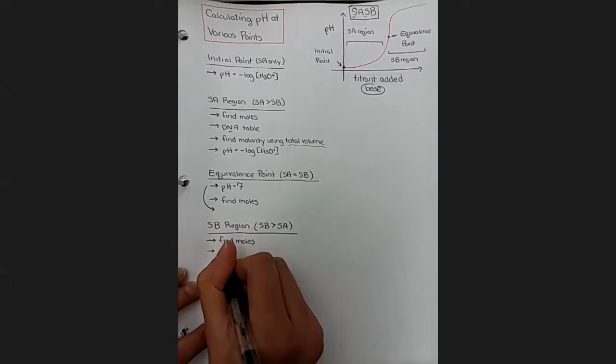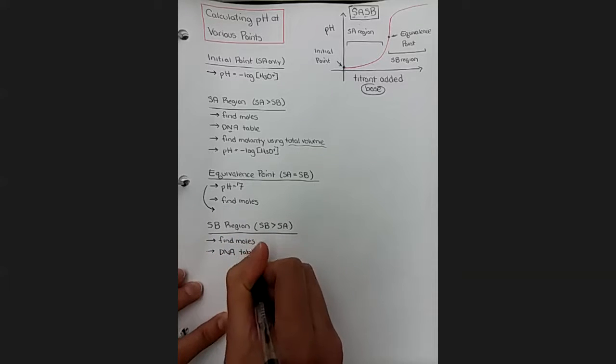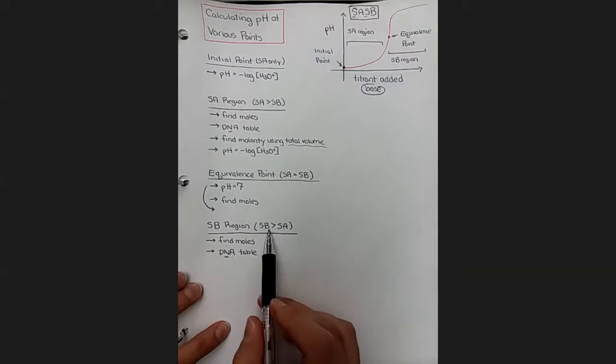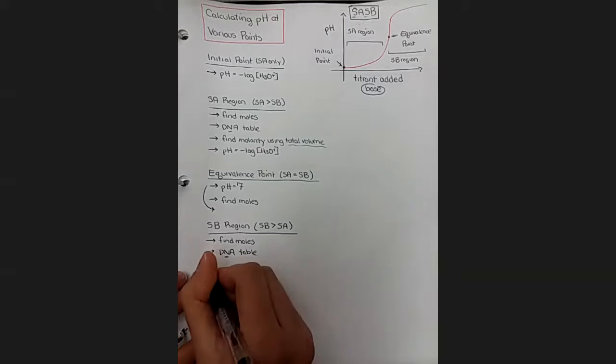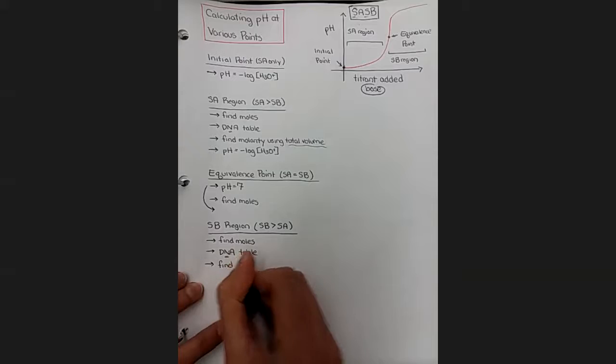Then we do our DNA table. And we identify how much of one is neutralized by the other and which one we have in excess. And so in this region, we should find that the strong base is in excess. So we should have only strong base left after the neutralization.